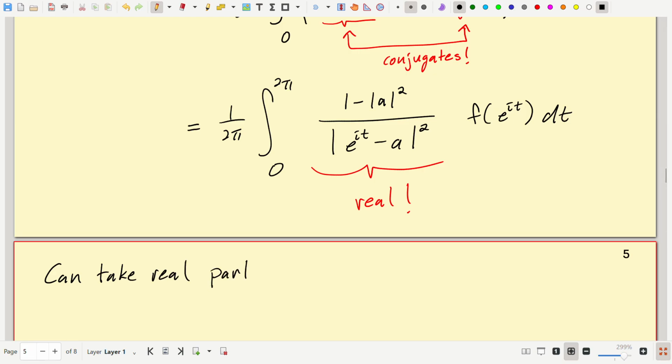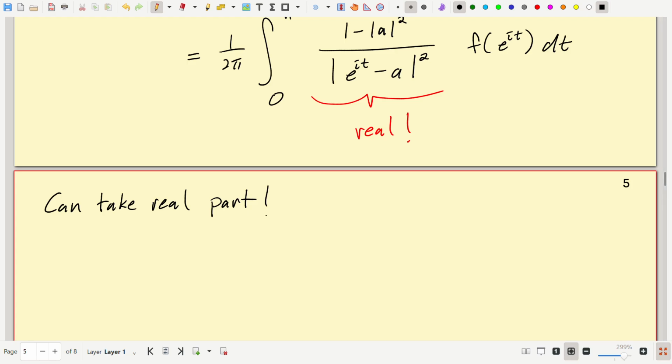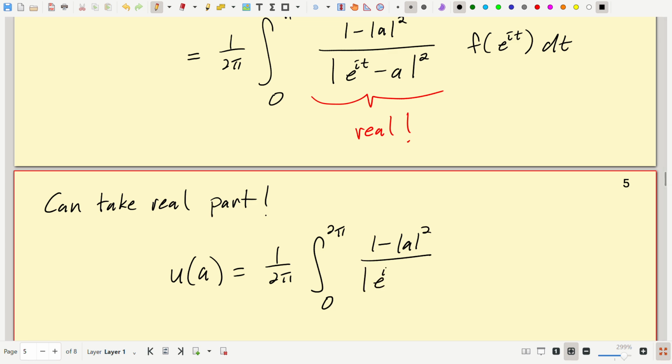And I get the famous Poisson formula: u of a equals 1 over 2 pi integral from 0 to 2 pi of 1 minus the modulus of a squared over the modulus of e to the it minus a squared.